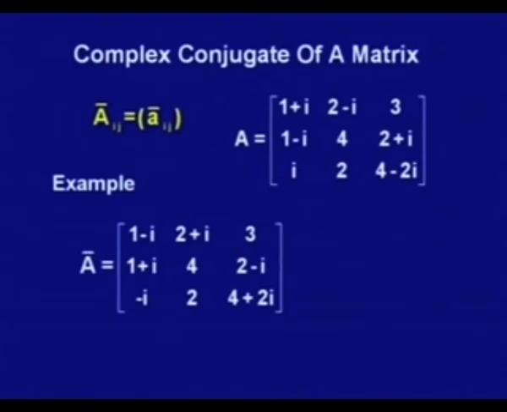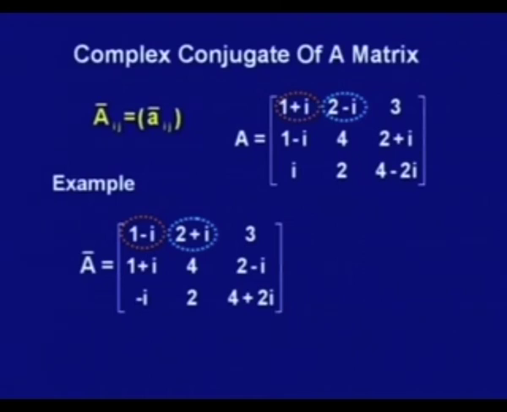You may notice that 1 plus i is the first element in the first row, and 1 minus i is its complex conjugate appearing in the first row, first column. For 2 minus i, its complex conjugate is 2 plus i.